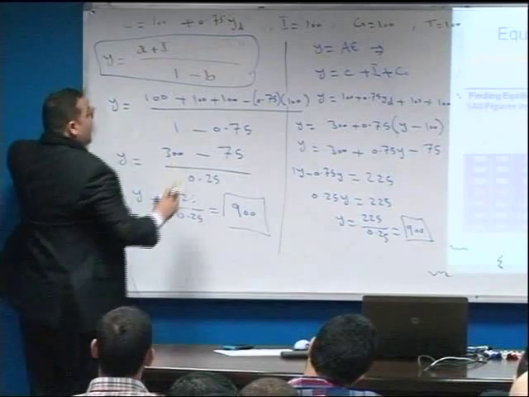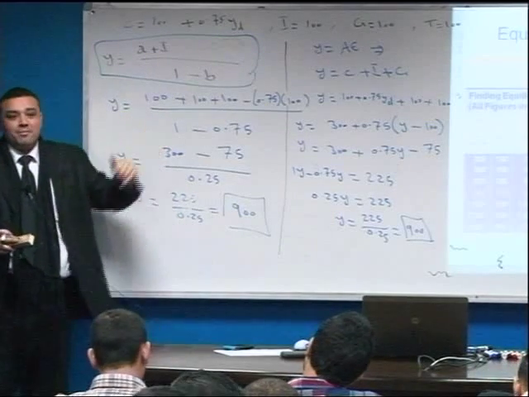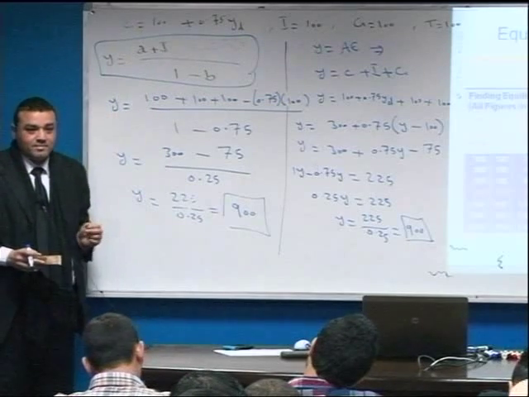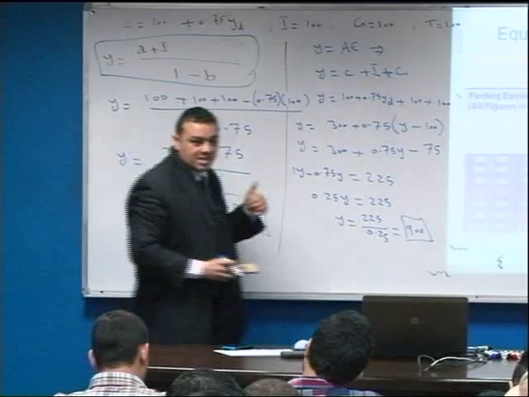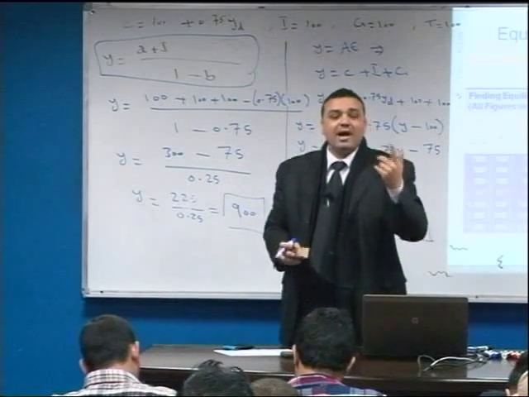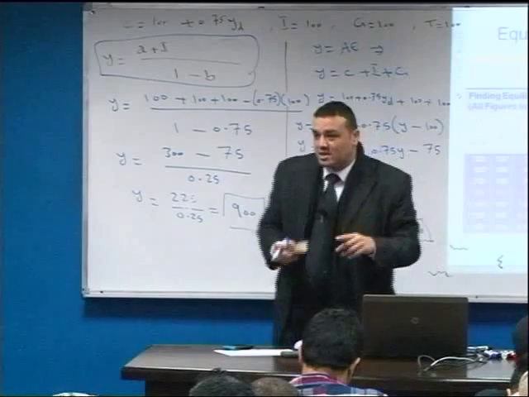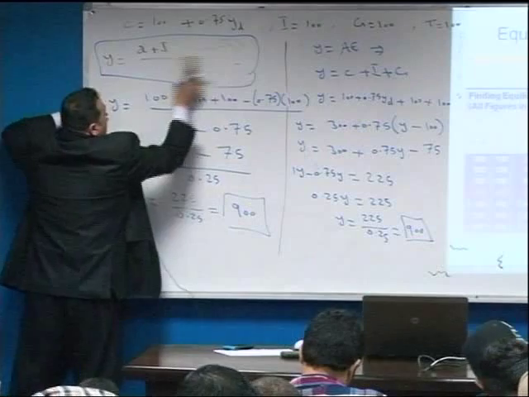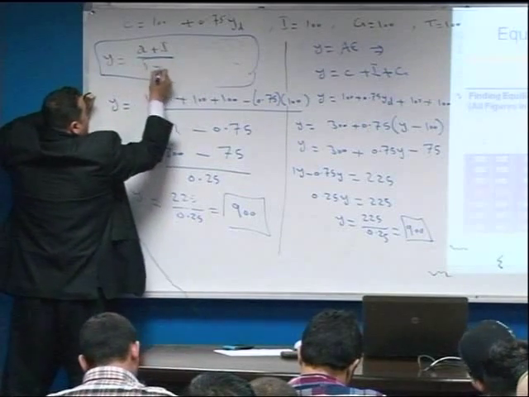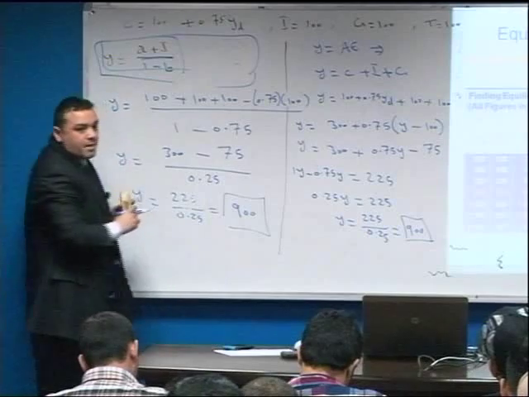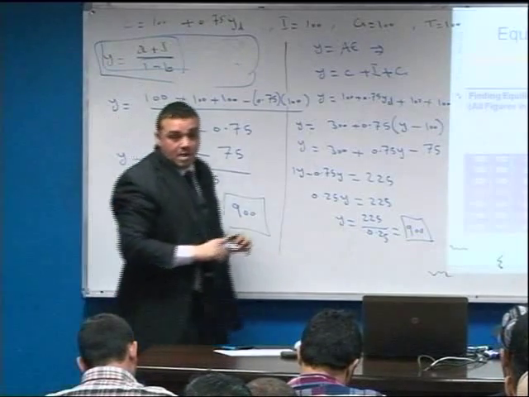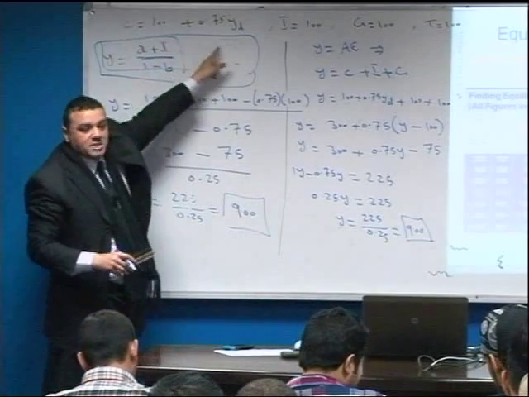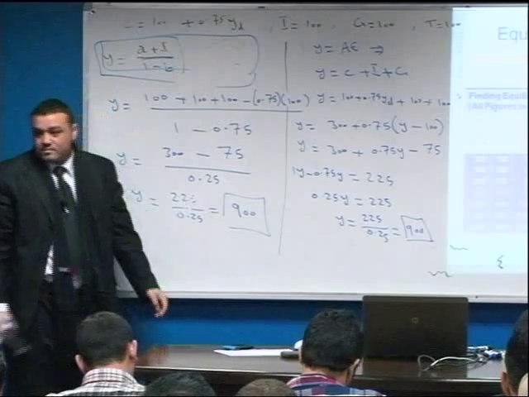If there is no government, the equilibrium level of aggregate income equals A plus I over 1 minus B. So if we work under the closed economy and there is no government, the equilibrium level of income equals A plus I over 1 minus B. This is the equilibrium level of aggregate income or aggregate output. But if we have a government, Y equals A plus I plus G minus beta T over 1 minus B. Tamam?